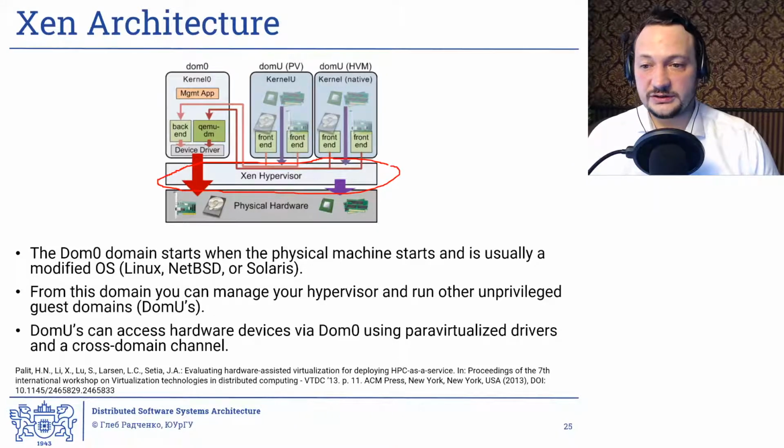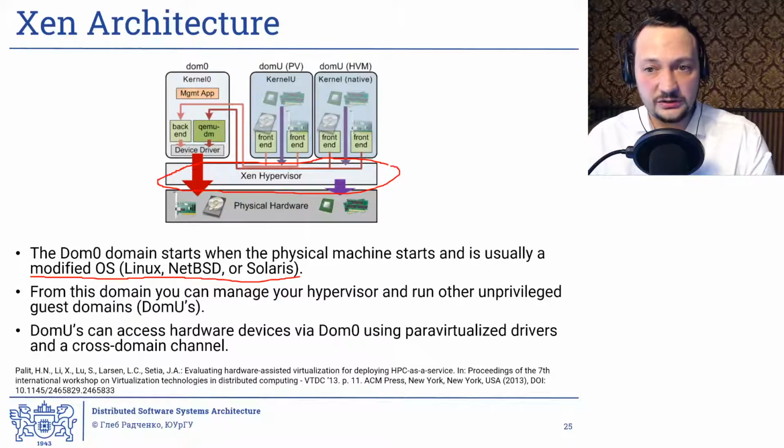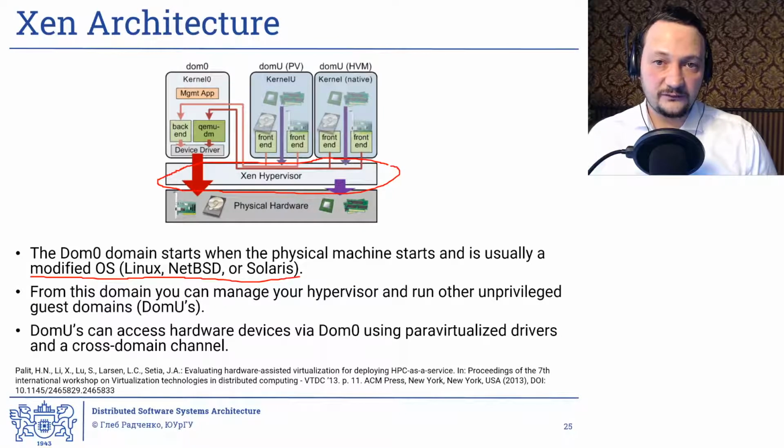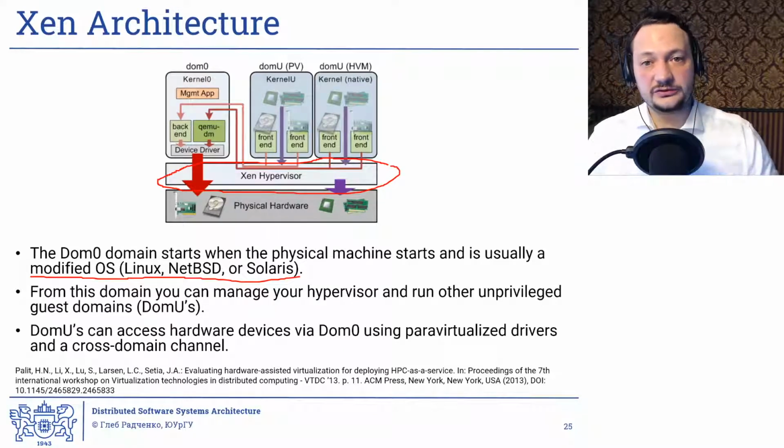It starts when the physical machine starts, and it is usually a modified operating system like Linux, NetBSD, or Solaris. So instead of launching a basic operating system and afterwards launching the hypervisor, it itself works as the basic operating system on top of the physical hardware. That allows increasing the quality of virtualization and the performance of virtual machines.